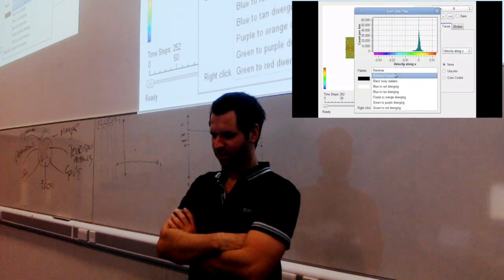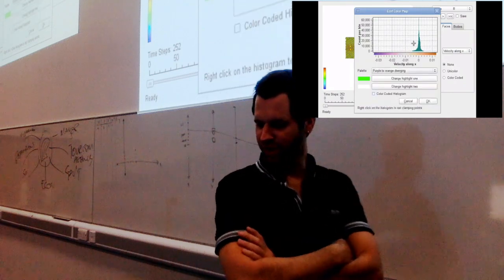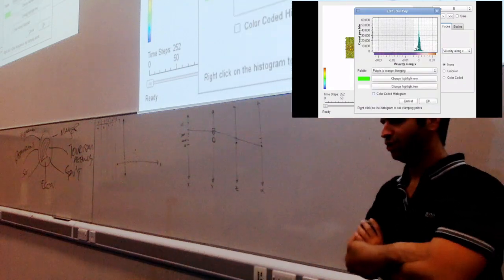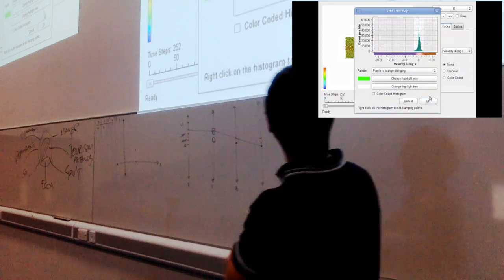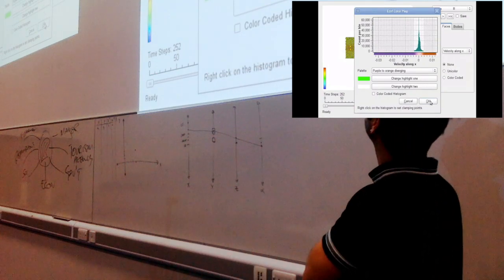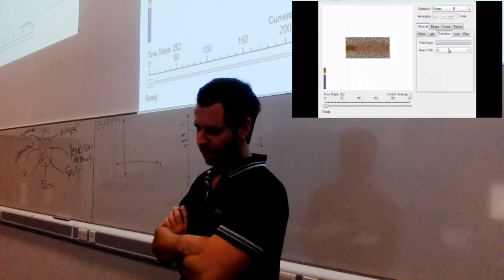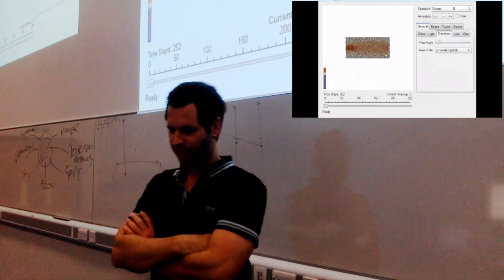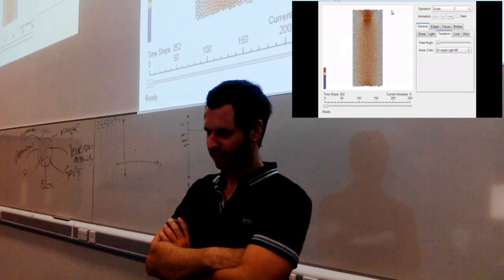So this is the user adjusting the color map properties. Here the user is showing the important regions of the bubbles with the velocity that we're most interested in, and that velocity gets highlighted in the bubble space, right?